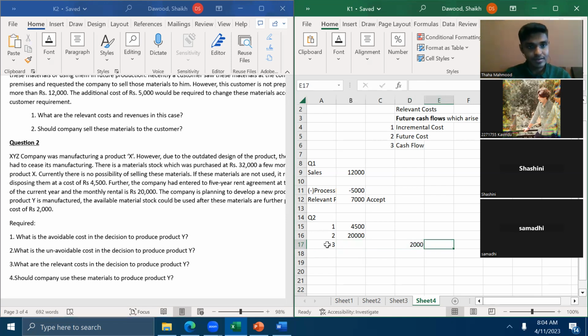Also, we can save 4,500 because we can avoid disposing of this. Since we can avoid disposal, our future cash flows save 4,500 rupees, so it's a negative cost. Therefore the net figure would be a cost saving.